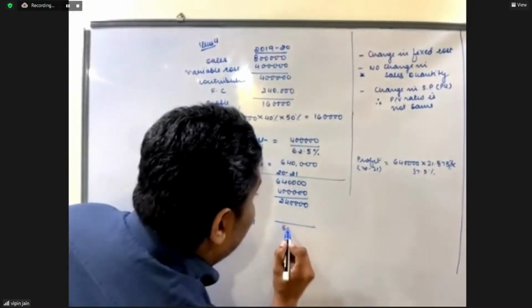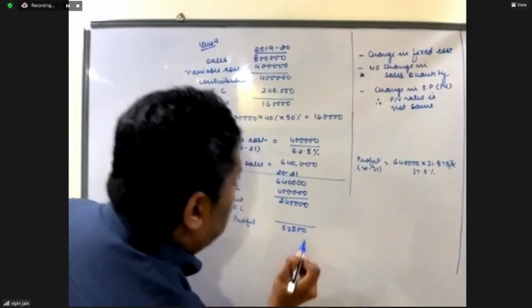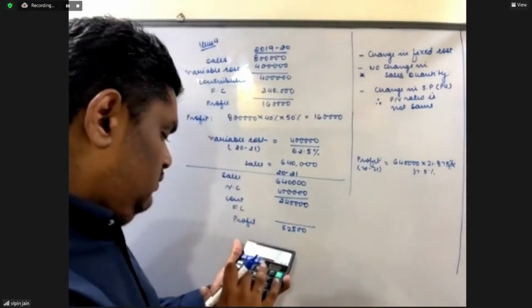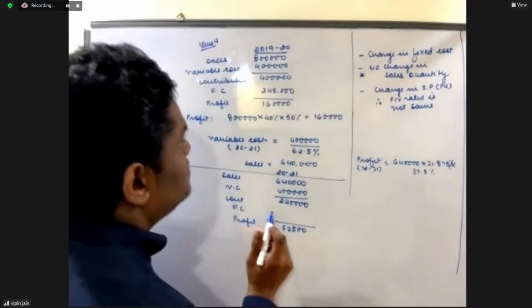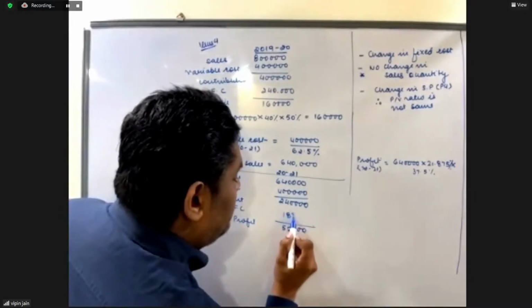This will be 52,500. This will be 187,500.